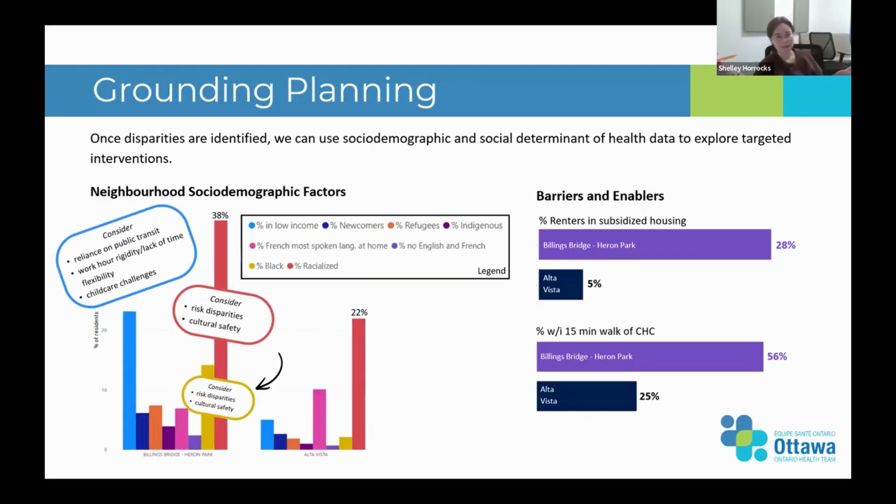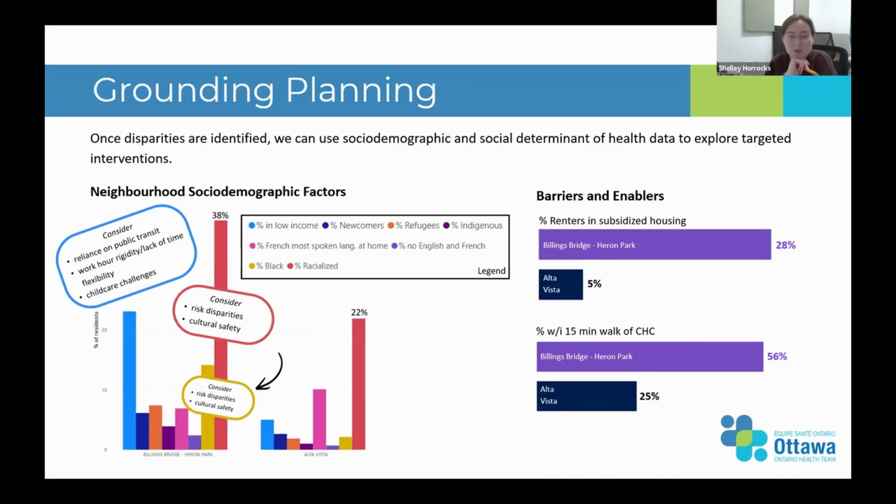So once we identify those disparities, what are we going to do about it? So we look at our breakdowns of some sociodemographic factors. On the left, we have Heron Park and Billingsbridge, which are socioeconomically vulnerable. And we can see that the breakdown is very different in the demographics compared to Alta Vista.